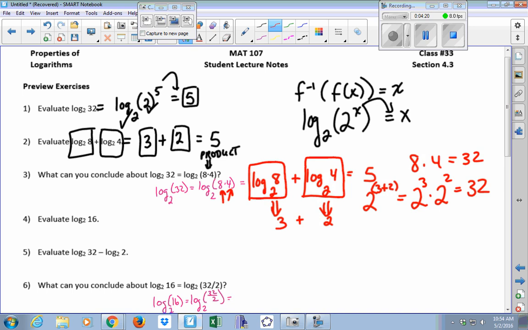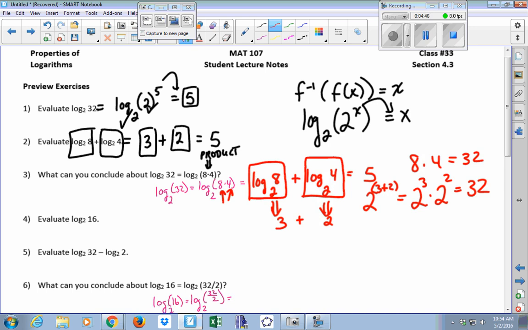If you're taking the log of a product, the base is the same. The base is the same. You simply add the individual exponents. So the individual exponents here would be log base 2 of 8 and log base 2 of 4. So the better you know your exponent properties, the better the log properties are going to be.